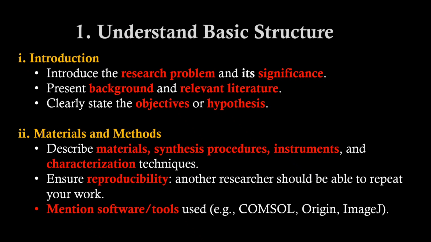And the second thing is that we have to present the background and the relevant literature. When we talk about the background, in the context of a scientific paper, we have to explain the basic working principle or the mechanism that is involved in that particular research area on which we are supposed to write.